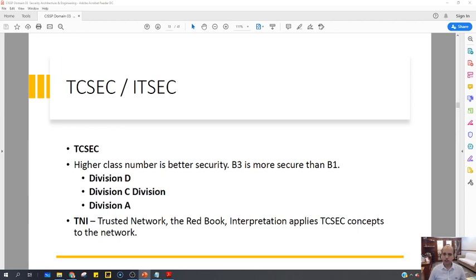And assurance also. Assurance tells us the ability to evaluate. Assurance is measured by effectiveness Q and correctness E. The class ratings are compared in follow-up sections, in which additional functionality ratings include F, which means high integrity requirements, AV means high availability requirements, DI means high integrity, DC means high confidentiality, and DX means high integrity and confidentiality for networks.